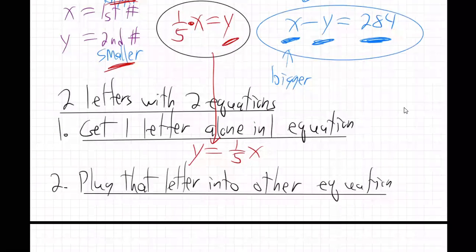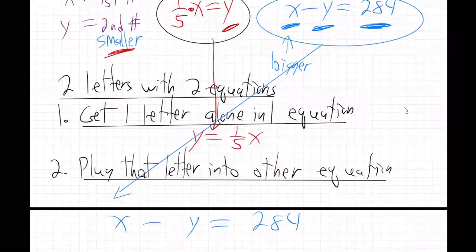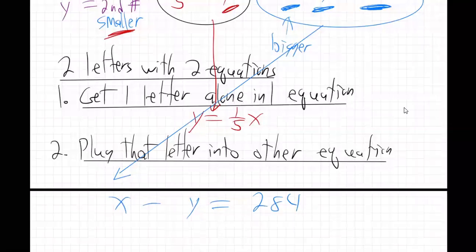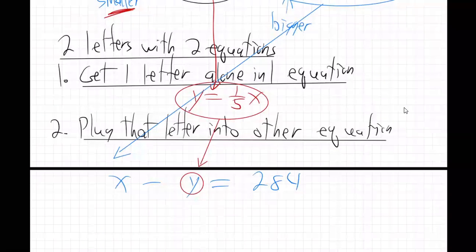Let's bring it on down here. X minus y is 284. Then let's grab this and plug that in for y right there. Everybody tracking with me? So we get x minus, and what's y? 1/5 x, equals 284.